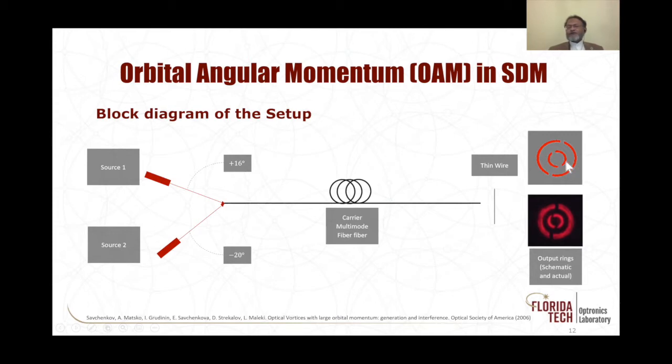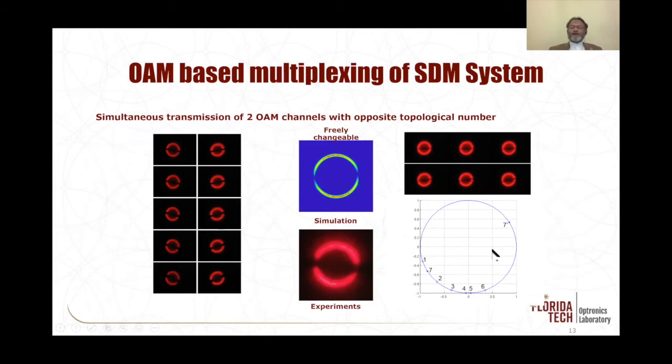So this is the simulated result. This is the actual real world data that supported it. So what we can say is that yes, indeed, there is OAM in there. And we saw over here, this is actual data. We just took multiple pictures at different angles and see that actually the OAM is rotating.